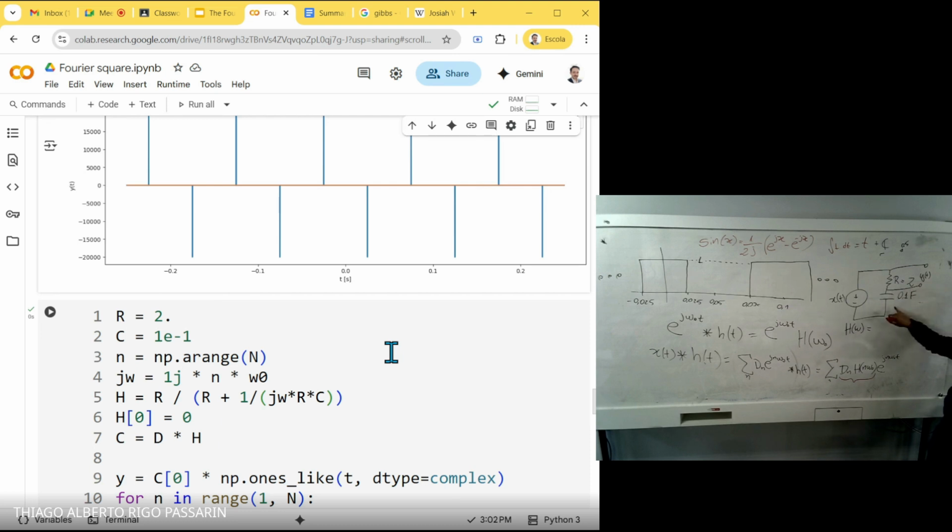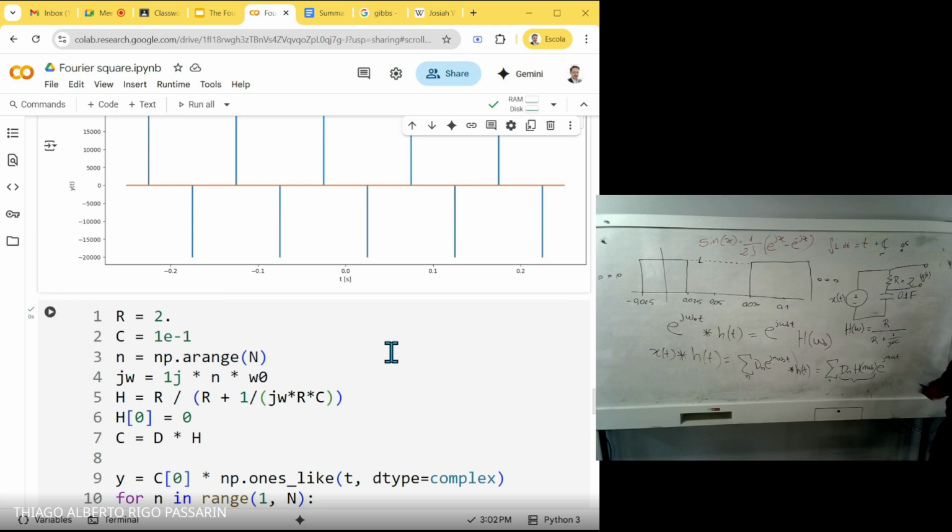The sum of the impedances. What's the impedance of the resistor? It's the resistance itself. And here I have to do the sum. So the impedance of the resistor plus the impedance of the capacitor. What's the impedance of the capacitor? 1 over j omega c.